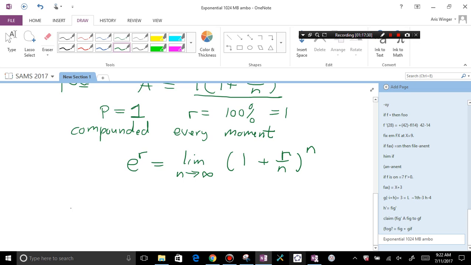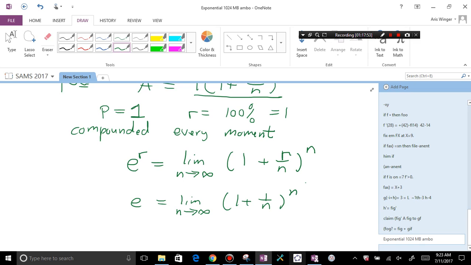So e to the first is the limit as n tends to infinity of (1 plus 1 over n) to the n power. So that's the pre-calculus definition. Please, go ahead. How does e have a value if it's 1 raised to infinity?